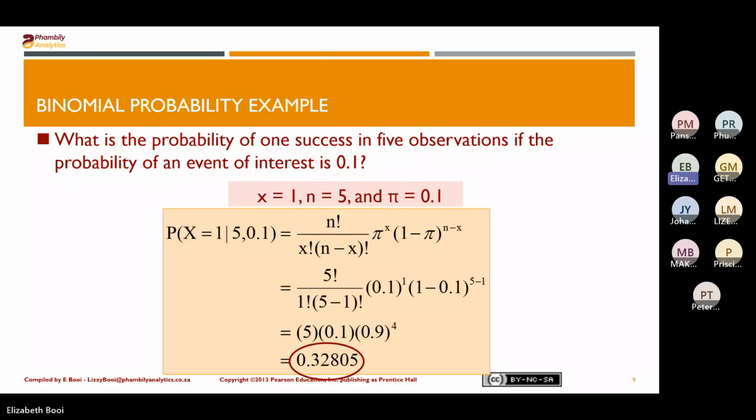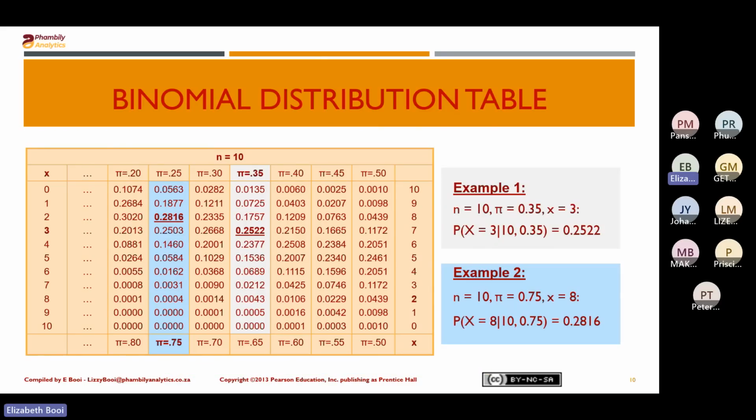So alternatively, if we have to use the probability of 0.75 as an example, then we go to the bottom page, and our N is 10. So we will go to N of 10. So this side will have N of 10 on the side, and our X is 8.